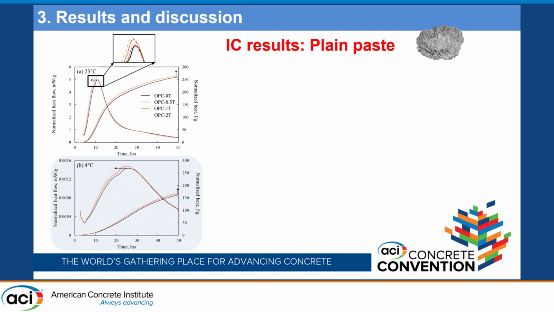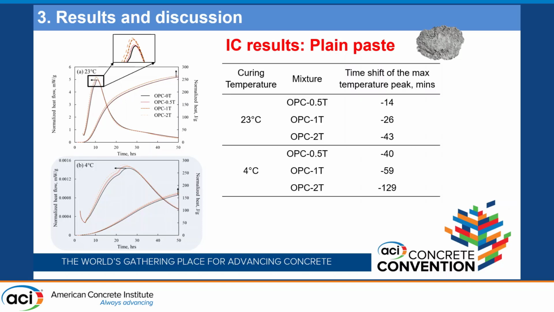The top graph was for 23 degrees Celsius. This one is 4 degrees Celsius, or 40 degrees Fahrenheit, low temperature curing. And again, you can see a similar behavior. We have the acceleration of hydration. Listed in the table is the relative shift of the maximum temperature peak, both at 23 and 4 degrees Celsius.